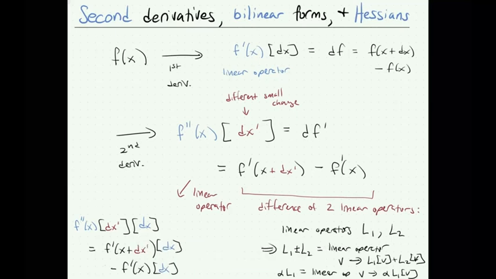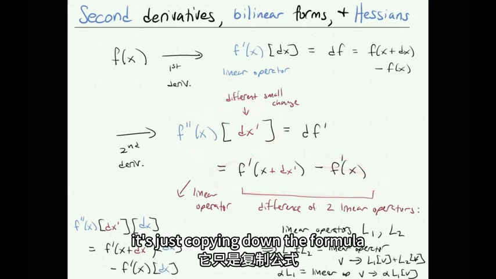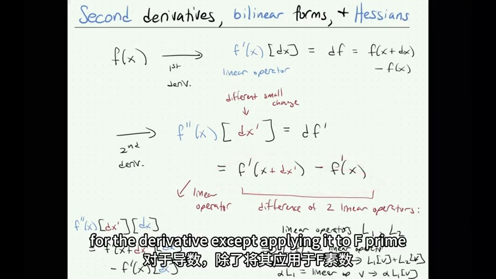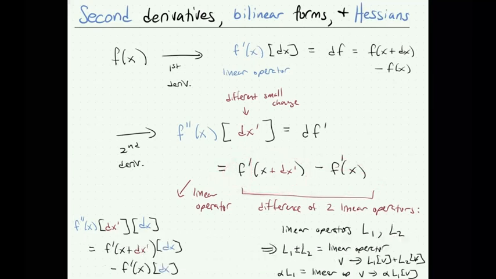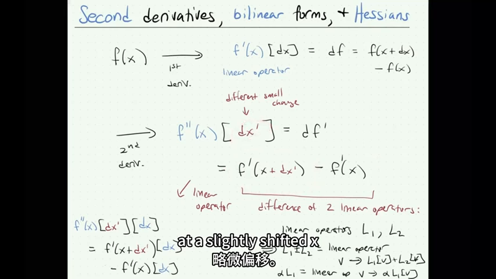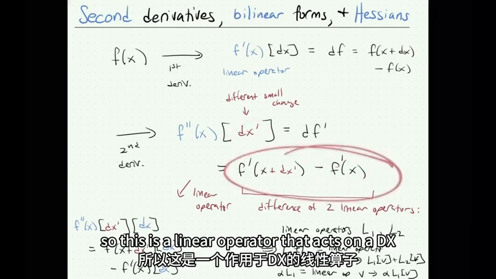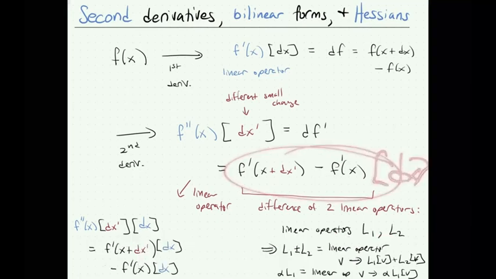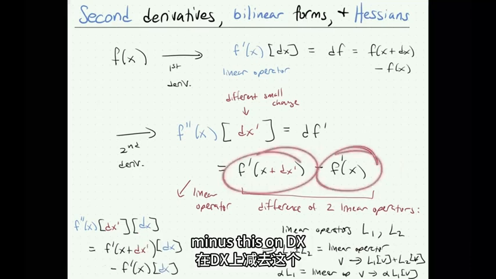This f double prime is just copying down the formula for the derivative, except applying it to f prime. This is the linear operator you get when you take the original linear operator at a slightly shifted x minus f prime of x. So it acts on a dx, and it takes this on dx minus this on dx.